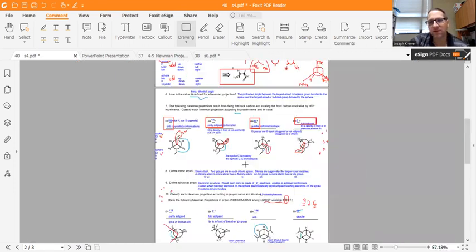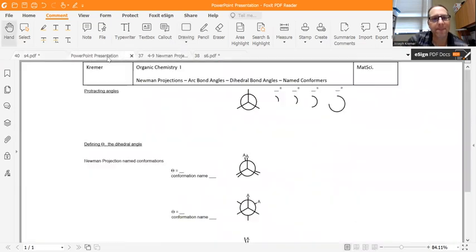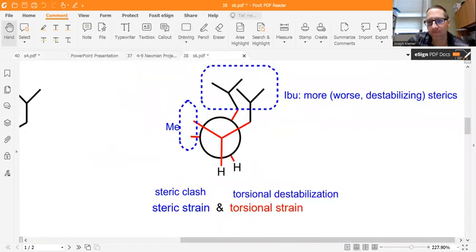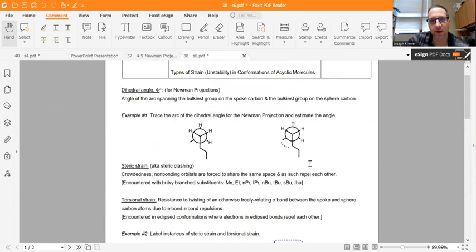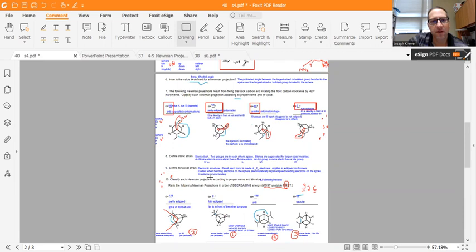So in all, we learned the definition of dihedral angle: the angle between the largest group on the spoke and the largest group on the sphere. We associate 180 degrees to anti-conformation, 120 degrees to partly eclipsed, 60 degrees to gauche, and 0 degrees to fully eclipsed, named as such because the bulky alkyl group is overlapping another bulky alkyl group.